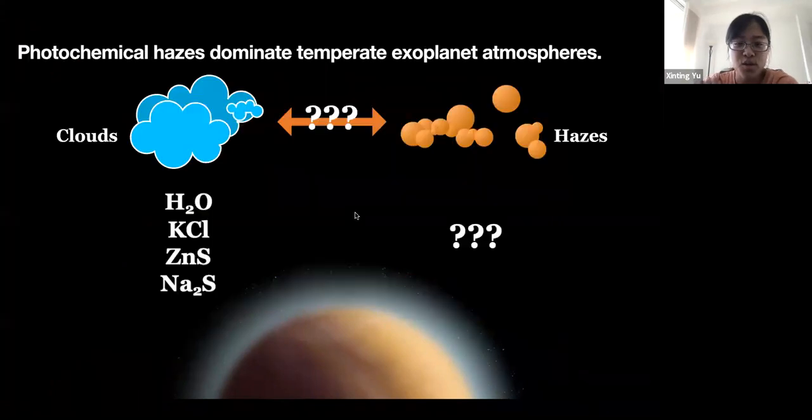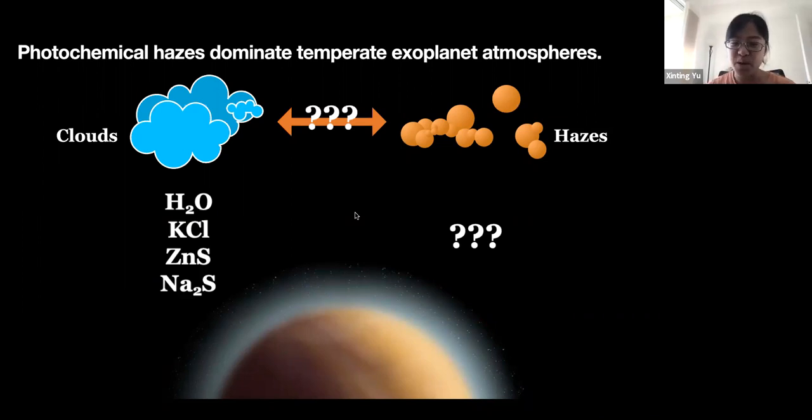All right, so I would say clouds are less painful because there are just certain types of stuff that can condense in the atmosphere. And people do mixed cloud models, but again, you're doing like 2-3 types of clouds, right? But photochemical hazes are very annoying because, as we study Titan, Cassini was there for 13 years, and we still haven't figured out really the hazes.